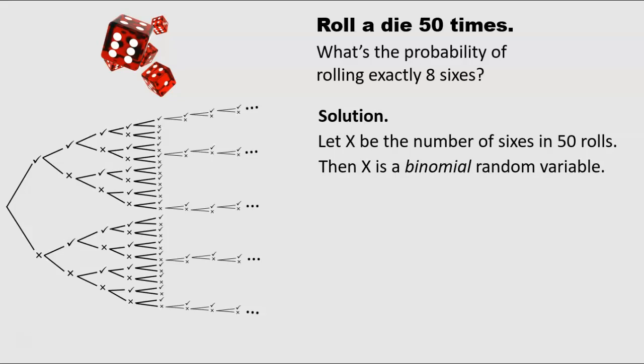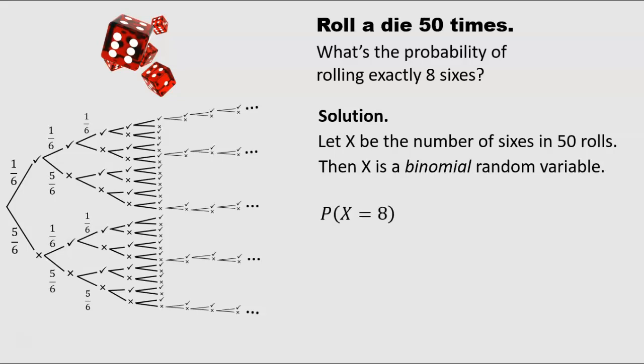Anyway, throughout this enormous tree, every branch going up to a success, a 6, carries a probability of 1 in 6, and thus every branch going down to failure, a non-6, has a probability of 5 in 6. Once we've thought about our tree, the rest of the problem should be very familiar.